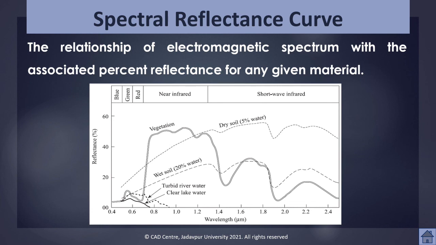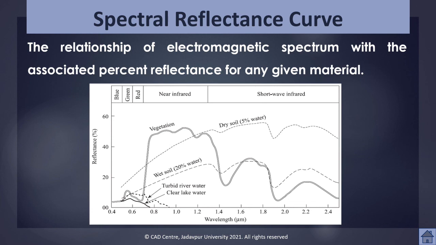Let us consider examples of targets at Earth's surface and how energy at the visible and infrared wavelengths interacts with them. Two very important materials on the Earth's surface are vegetation and water.